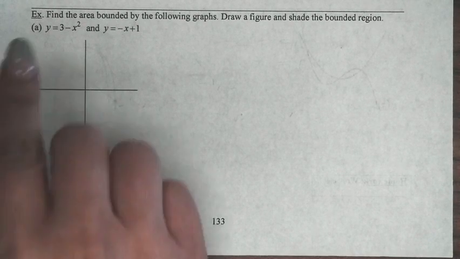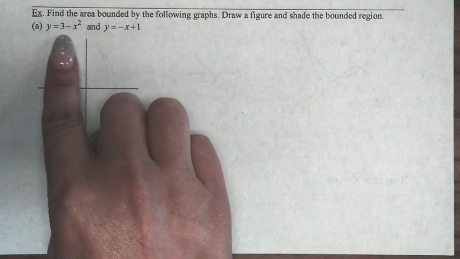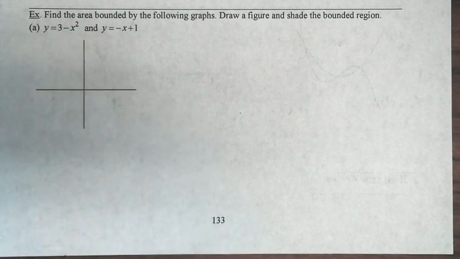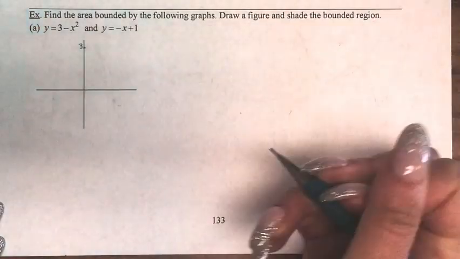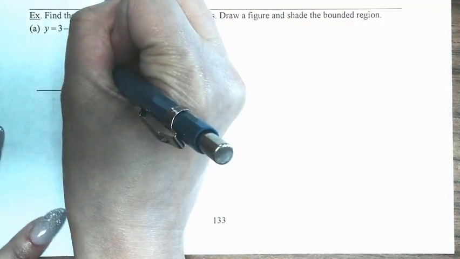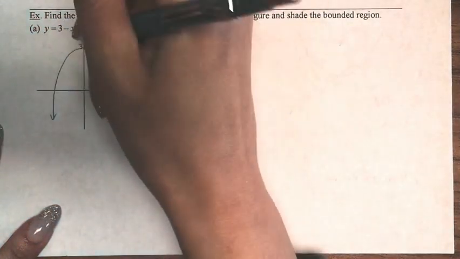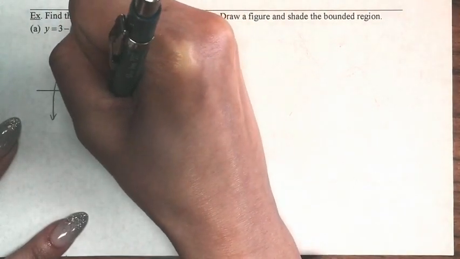So what we know is, I see this one first, and I know that that's a quadratic equation facing down, a parabola facing down, 3 units up. So let's say that here you have the 3. That parabola is going to look something like this on this side, and then we have something like this on the other side.